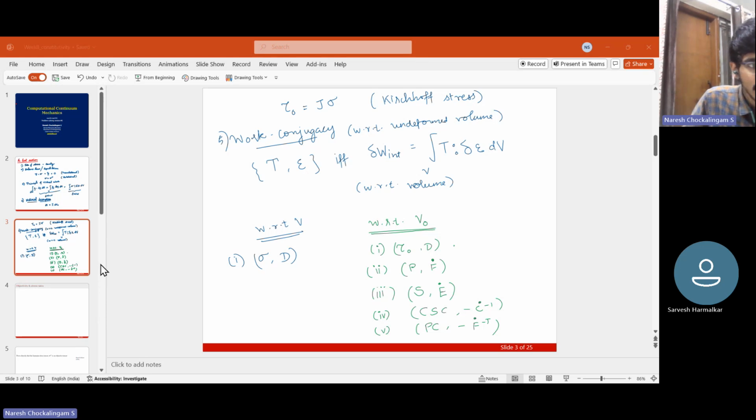Then we also saw another pair, which is the Hill strain tensor, which is work conjugate to U dot.